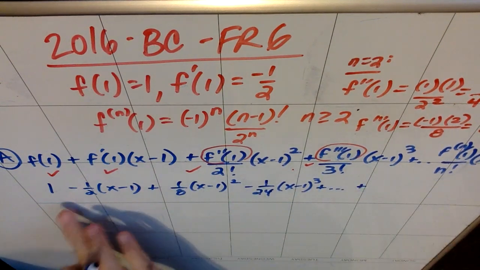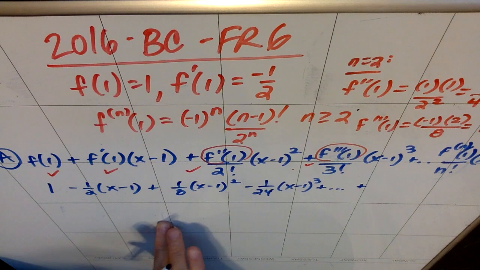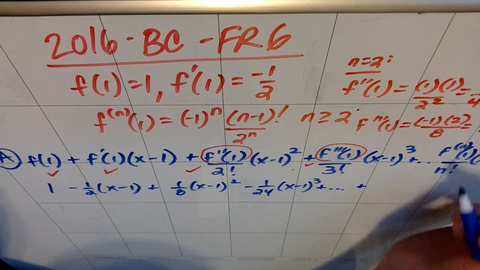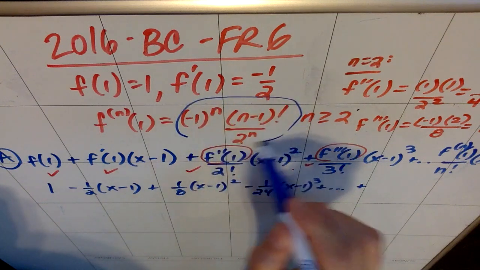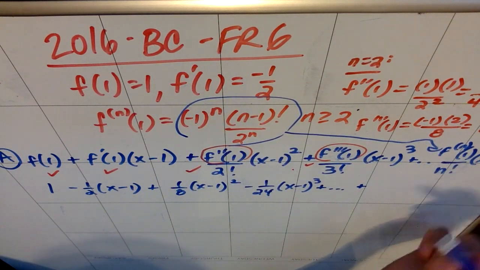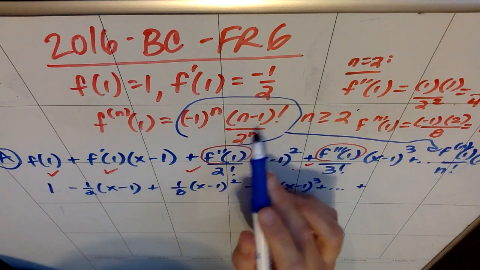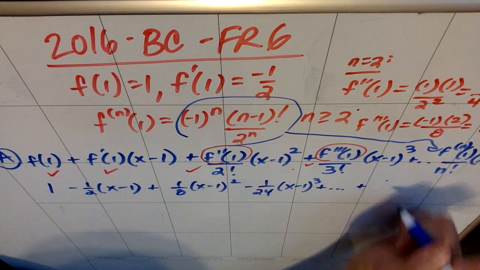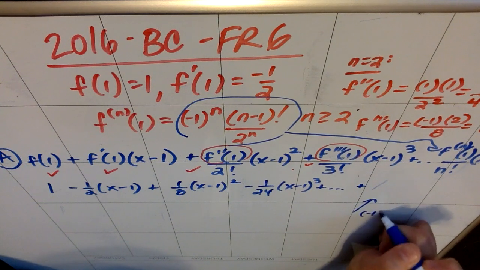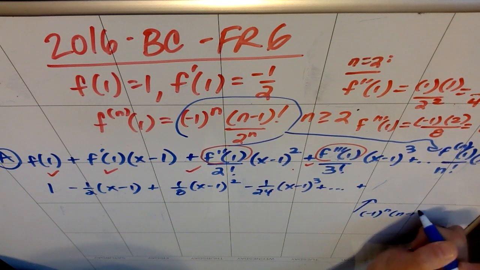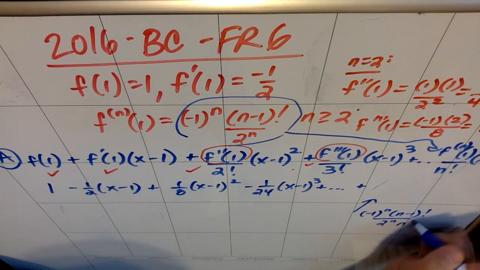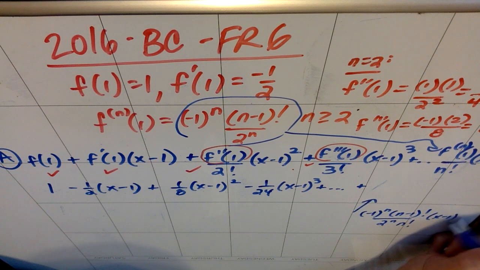Now at this point, you might be hoping to see a pattern of the coefficients so that you can just anticipate what this one's going to be, and you don't here. So I'm going to have to plug in this ugly thing and simplify it over that n factorial. I'm going to write this down here, and then I'll put the polished final answer up here. This is negative 1 to the n times n minus 1 factorial over this 2 to the n, and then also on the bottom of this fraction will be this n factorial times this x minus 1 to the n.